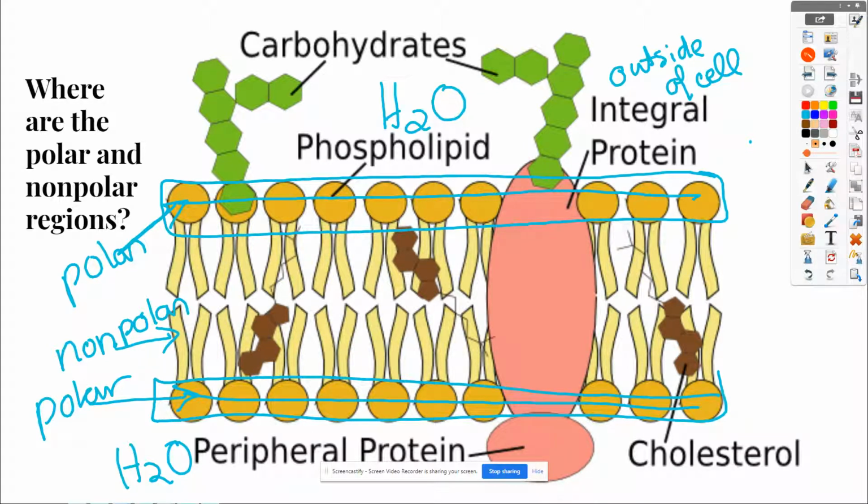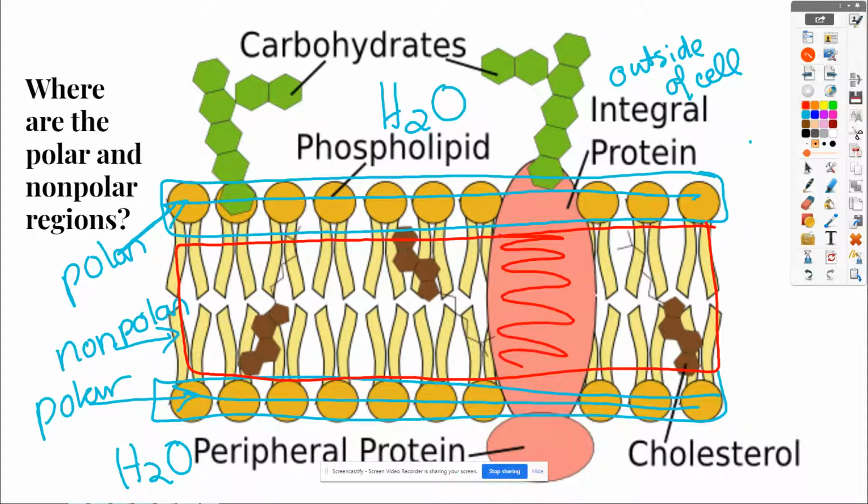But everything here is non-polar, which means it repels water. There's no water here. It's going to avoid the water. So that means that this part of this integral protein is non-polar. But the parts on the outside are polar. This peripheral protein, what do you think it might be? Right, it is polar because it is situated in the water environment or the polar environment.